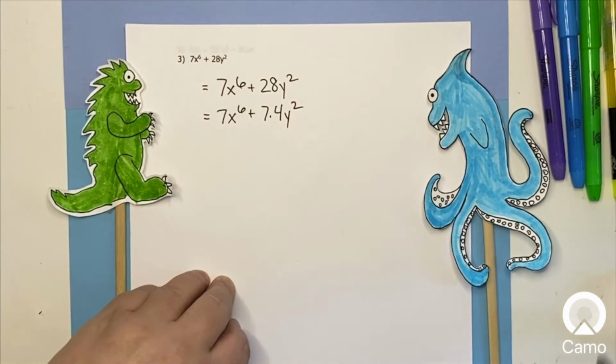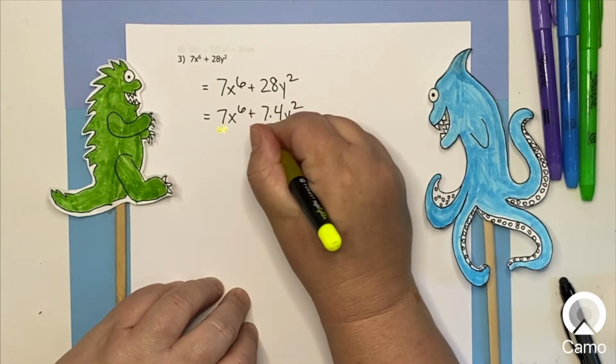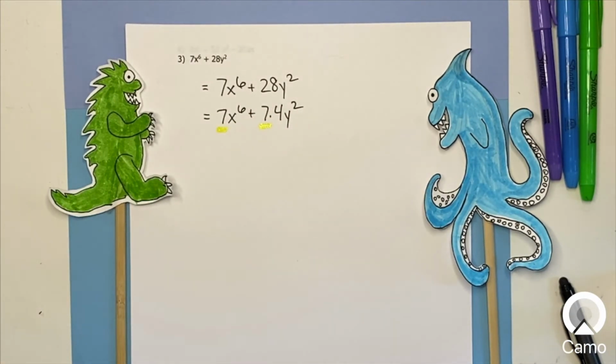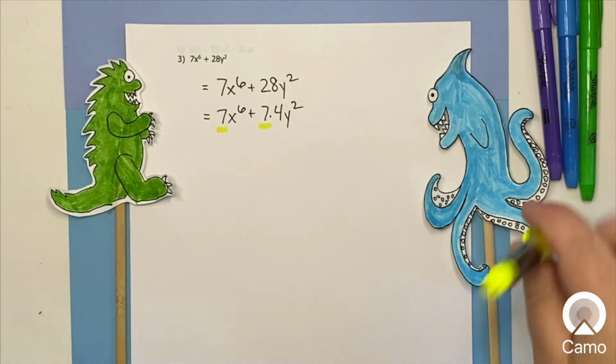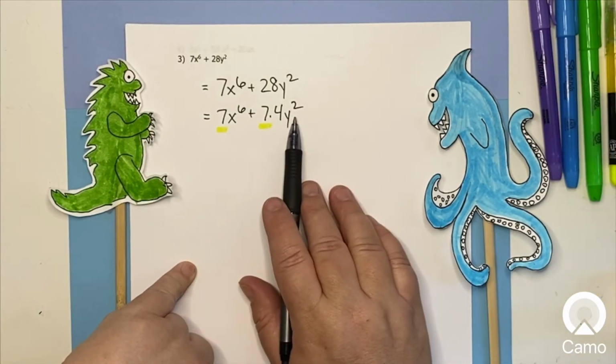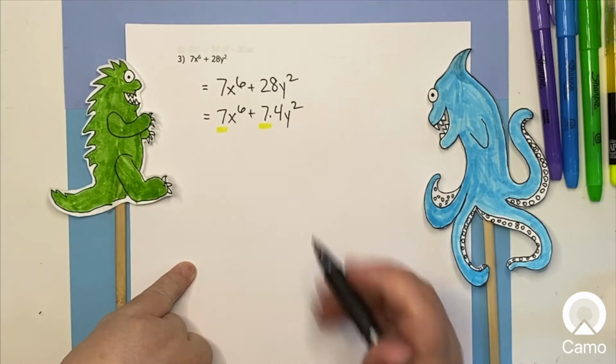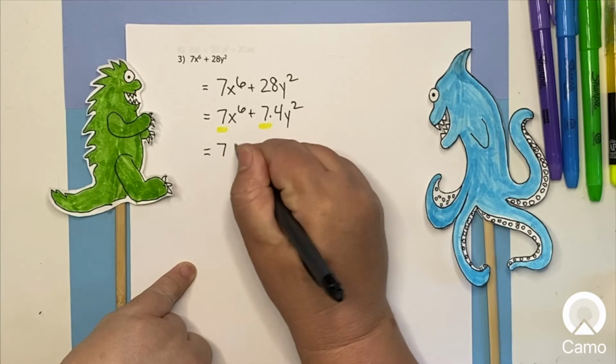So I know I can factor out the 7. And then I wonder, is there anything else that's common between these? This has an x to the 6th and this has a y squared, but those don't have anything in common. So I'm going to go ahead and just factor out that 7.